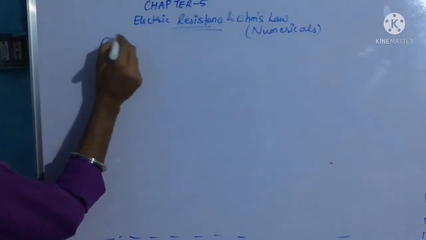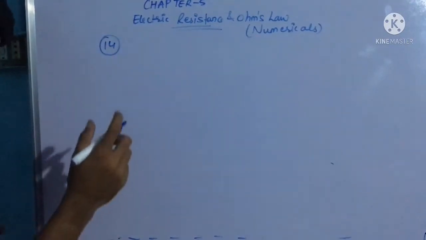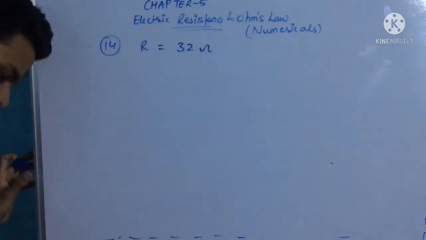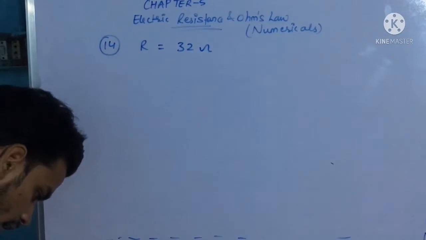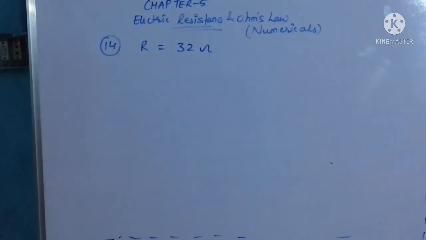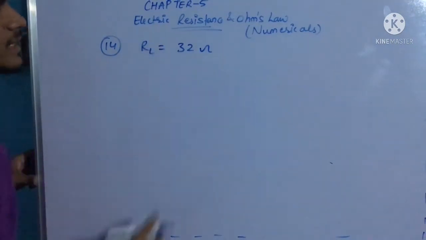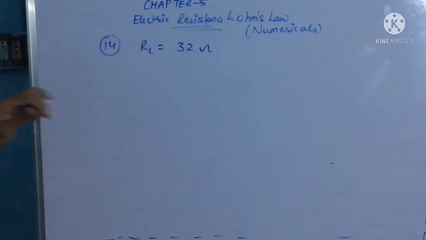A wire of resistance 32 ohm is melted and redrawn into a wire of half its original length. Find the resistance of the new wire. The resistance of the wire whose length is L is given as 32 ohm.